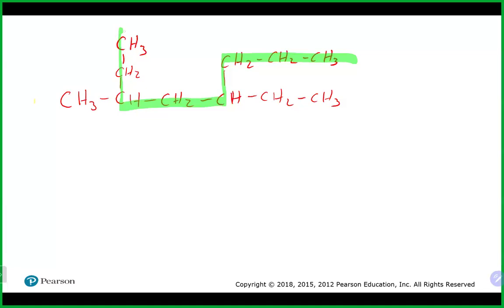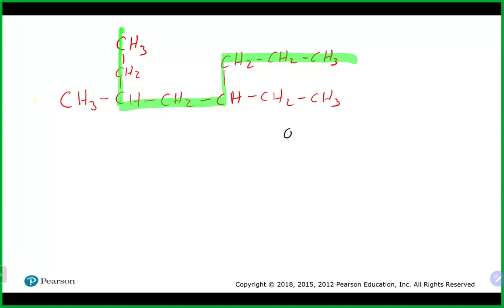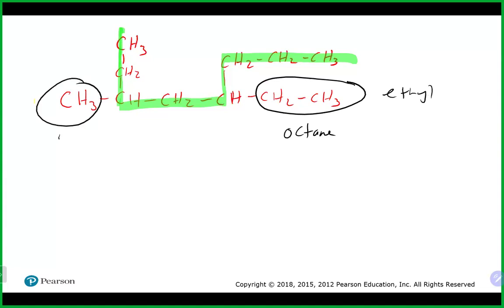Again, like I mentioned before, a good reminder: make sure you check all your options. We have 8 here, which means the base of this name is going to be octane. We have a 2 carbon group hanging off over here, which should be an ethyl group. We got our 1 carbon group hanging off over here, which will be our methyl group.